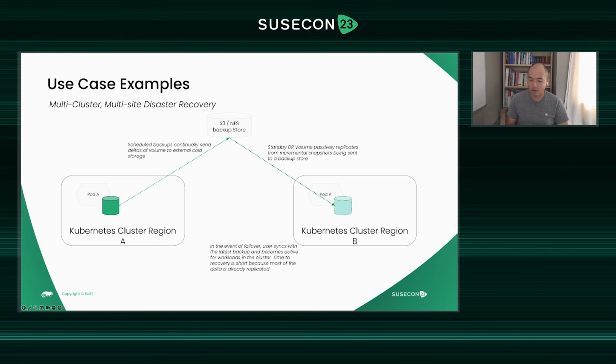So if region A goes down, you can react by easily flipping up and setting region B's volume to active state, and then starting your workload in region B. That greatly reduces the downtime for your main workloads.